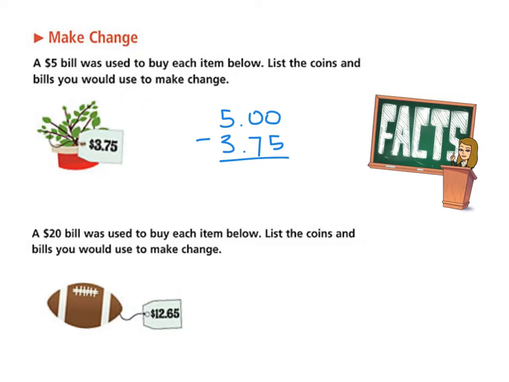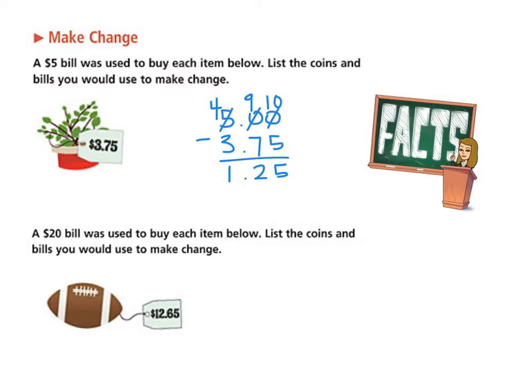So first, I have to borrow across these zeros so that I can subtract 10 minus 5. So 5, 9 minus 7 is 2, bring down the decimal point, and 4 minus 3 is 1. So remember that as a clerk, when you make change, you try to give your customer the least amount of bills and coins as possible, unless they ask for something specific, like, can I have 5 ones back?